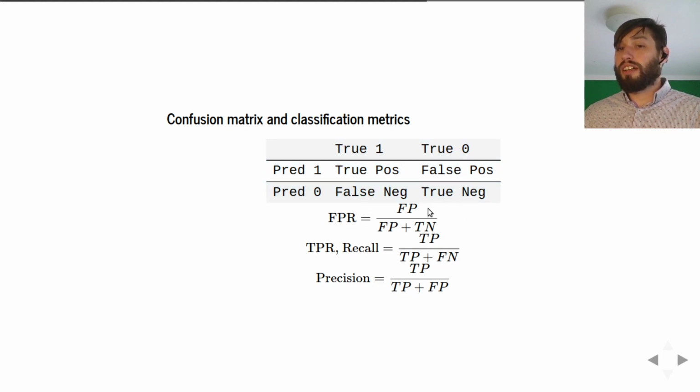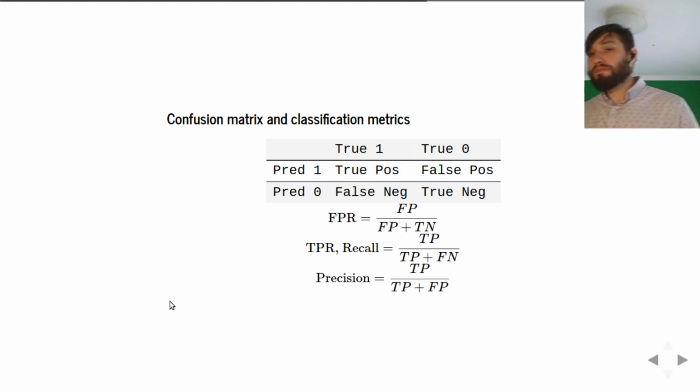So this is the number of ones that actually turned out to be zeros, divided by the number of zeros. So this is sort of like, if you're focusing on the true zeros, how many of those did you actually say were ones?